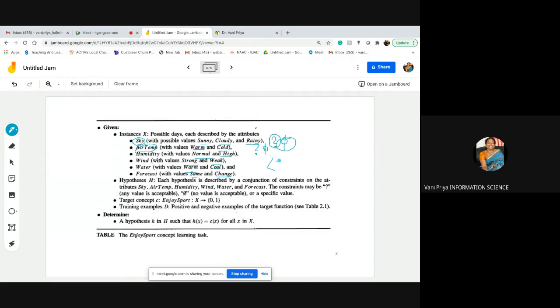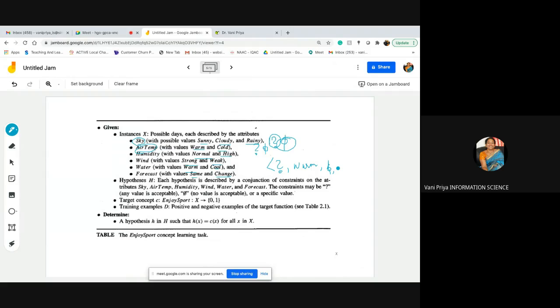This is an example: the sky can be anything, the air temperature must be warm, and humidity can be null, meaning no value is acceptable. Practically, this will not occur in real-life examples.